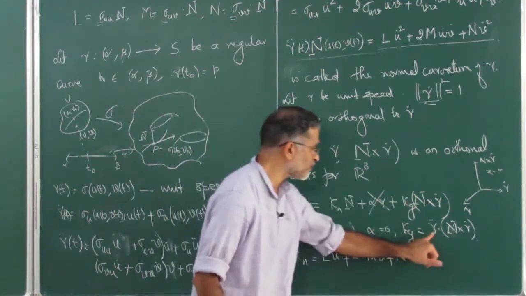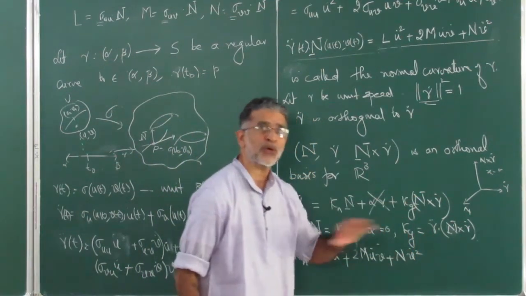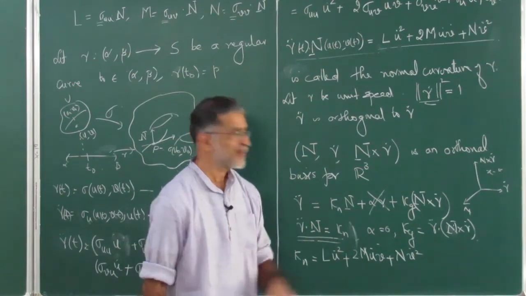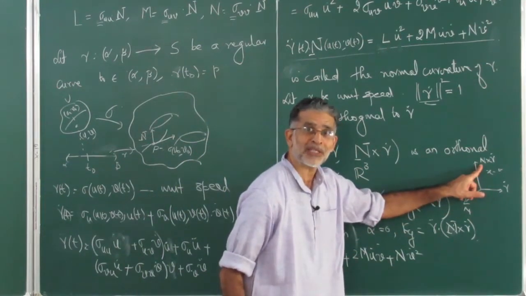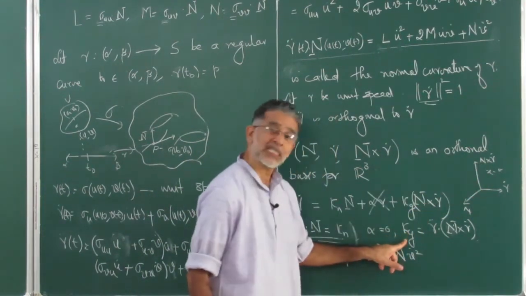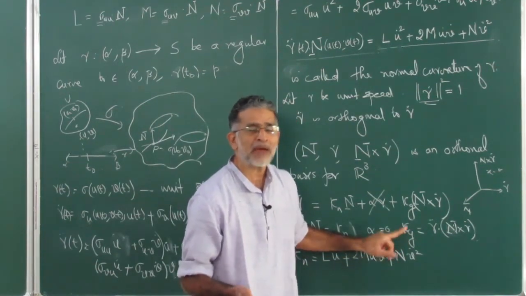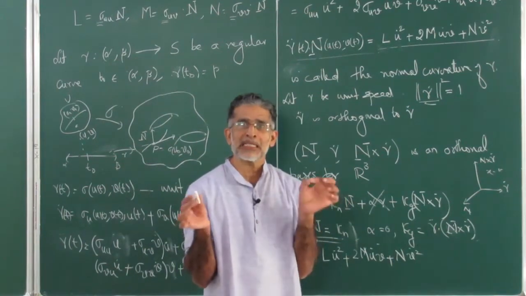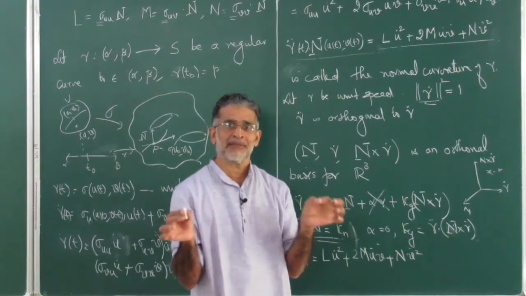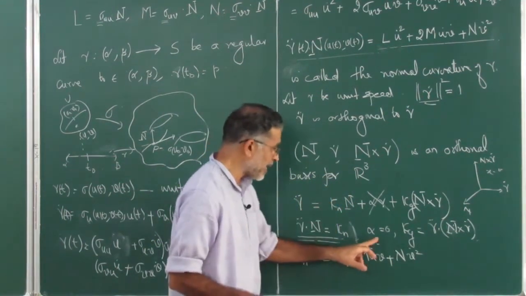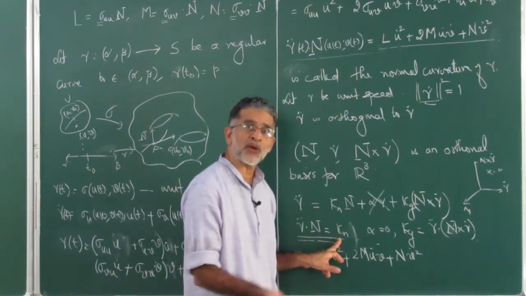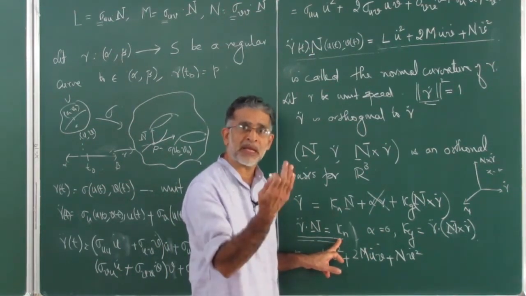So that will tell you if this quantity is positive, you are moving in the left direction, because you are moving in this direction on the surface. If this is negative, then you are moving in the right direction. If this is 0, then your steering is kept steady, it doesn't move at all. Similarly, if this is positive, you are moving in the upward direction, you are climbing.